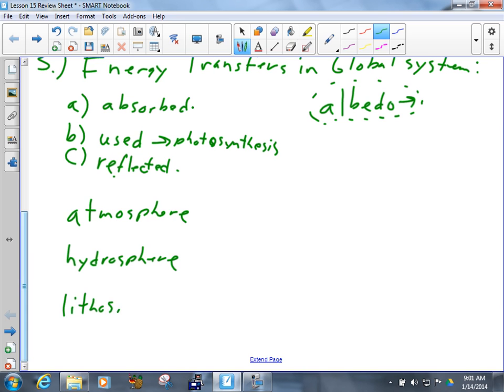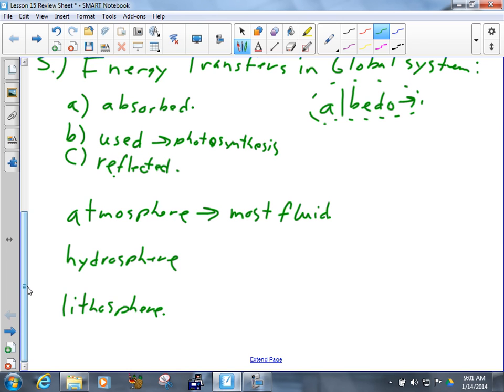Which one is most important or most involved? The atmosphere. Okay, the atmosphere is the most important part of the Earth in terms of transferring energy from place to place, because it is the most fluid. It's the most fluid of the 3. It moves most easily.